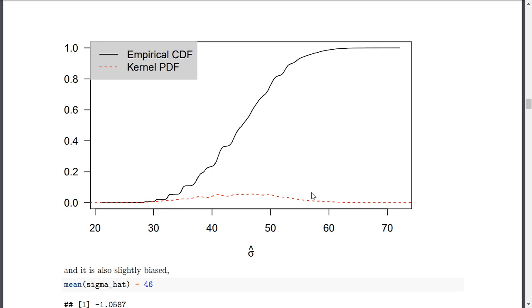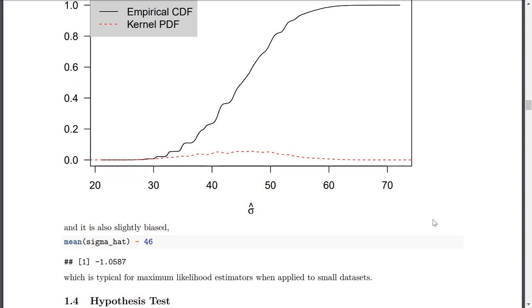If your true sigma in this case is 46, there's a decent chance you could estimate something closer to 30 or closer to 60 as a result of those 50 throws. So it's not a very concentrated sampling distribution for this particular estimator if you only give it 50 scores, and it's also slightly biased, not a whole lot.